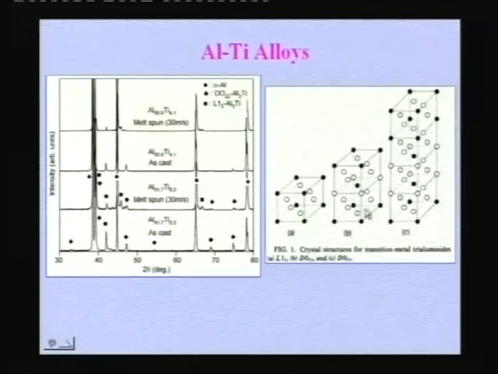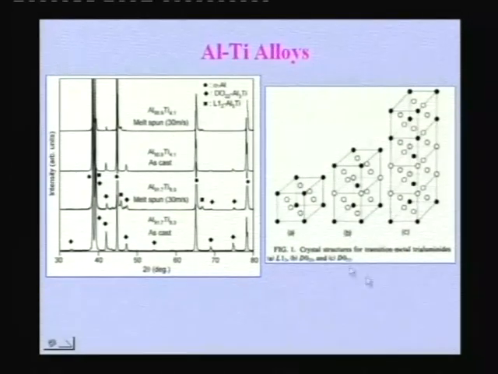Atoms of one type are all at the body corners and the other type are all at the face centers, and that is what is called the DO22.